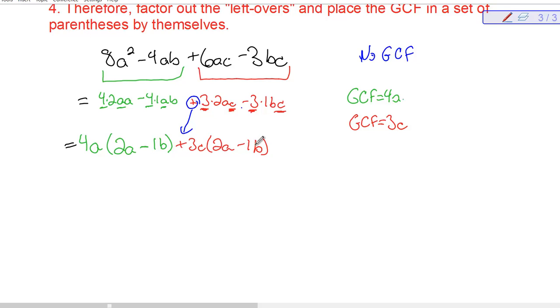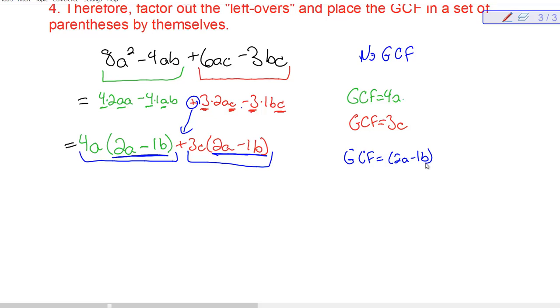They are the same. So what happens is whenever I look between this term and this term, my parentheses are actually what is common. So here my greatest common factor is my 2a minus 1b.